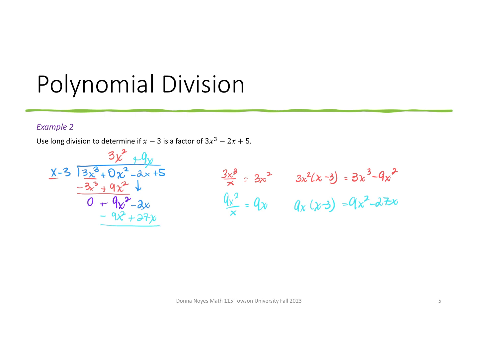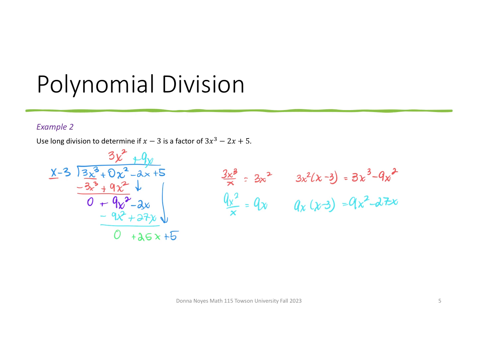And when we add this one up, we find out that we end up with 0x squared plus 25x. Okay, interesting. Let's see what happens. We're going to drop down the plus 5. And let's see where we go from here.